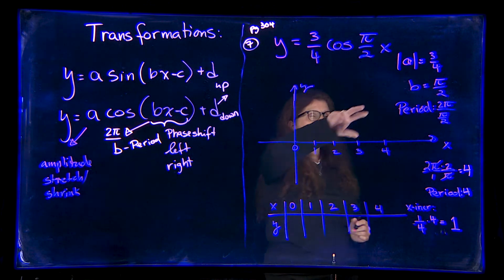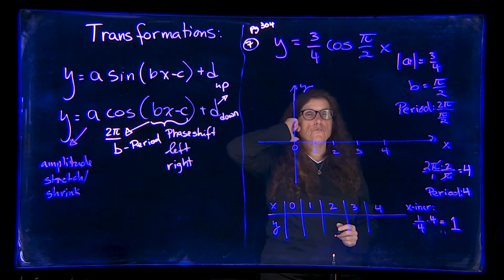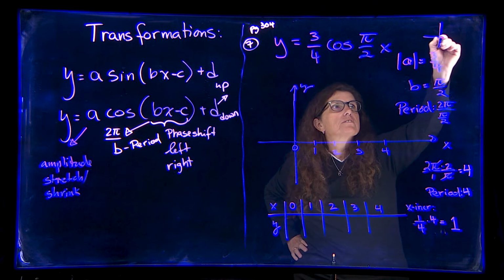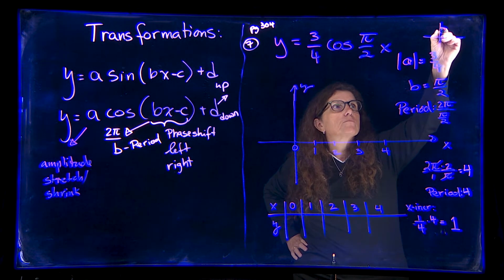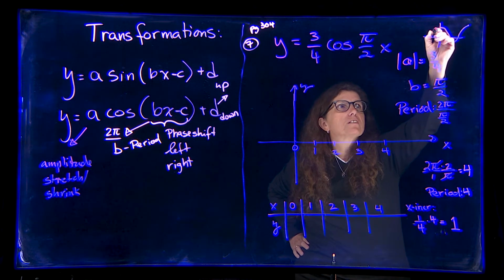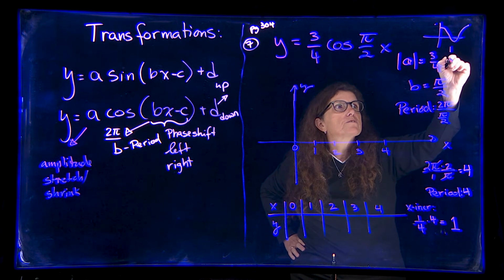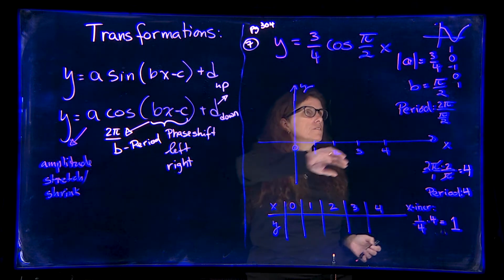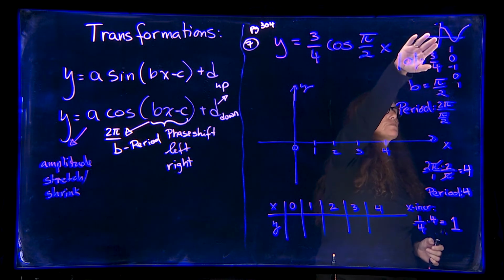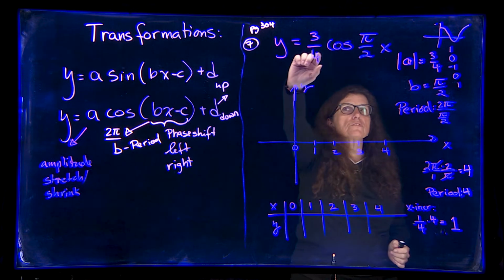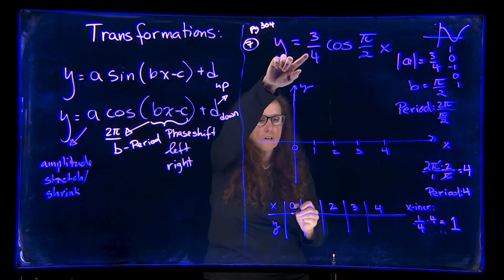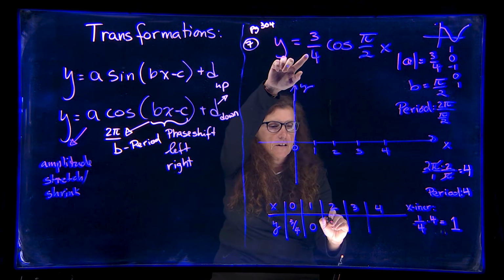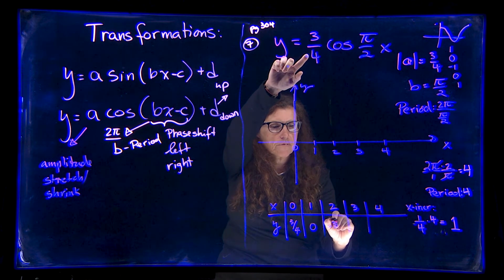Okay, our amplitude is 3/4, and we are having a cosine function. Maybe here on the side you want to have a little basic cosine function. It starts with 1, it goes to 0, it goes to -1, it goes to 0, and goes back up to 1. So these are kind of my y values for the basic cosine function. I use those and multiply by 3/4. So I get 3/4 here, then I go to 0, then I have negative 3/4.